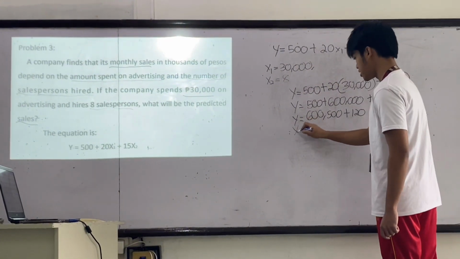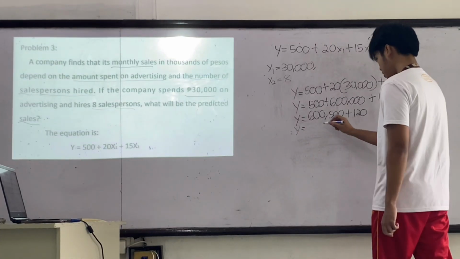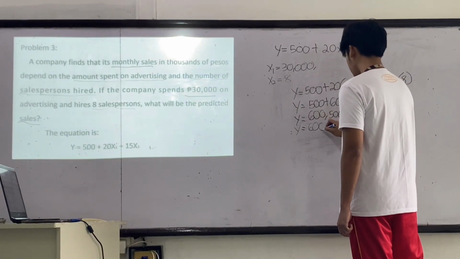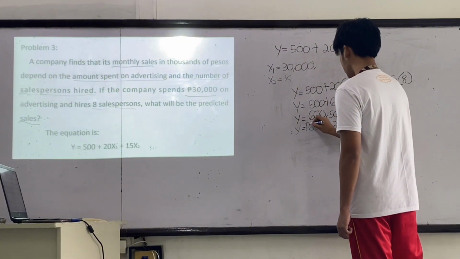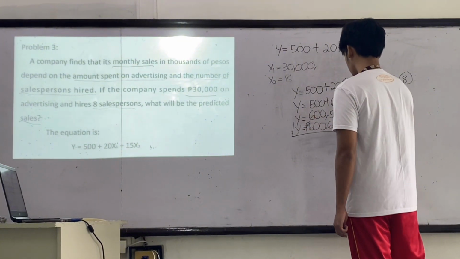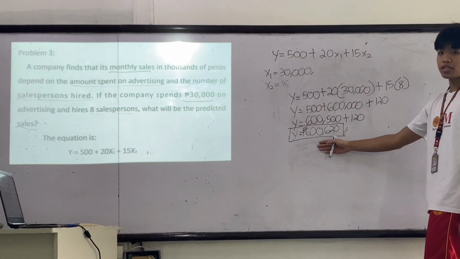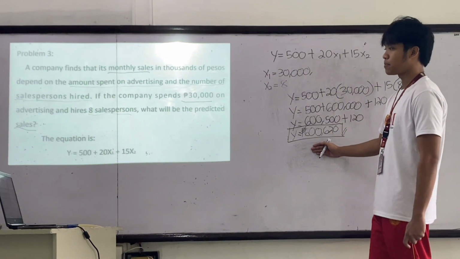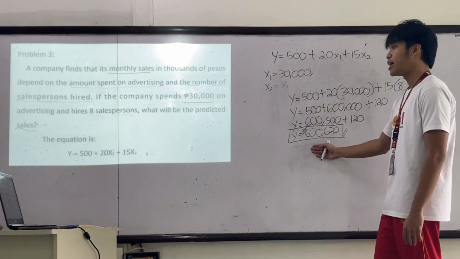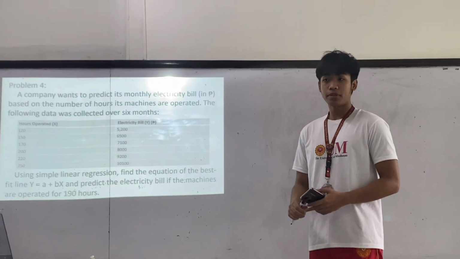So the predicted sales of the company will be 600,620 pesos. So this will be the predicted sales based on the amount of spending on advertising of the company and the number of salespersons hired. So we will now proceed to problem number 4.